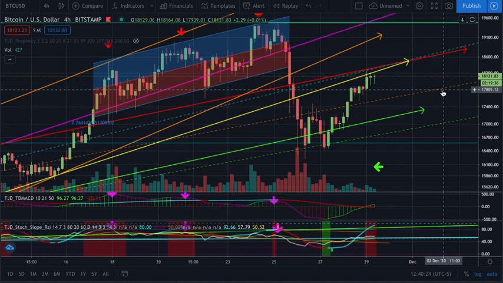So if you start factoring these different things in, your profitability, your risk reward, your likelihood of success, your overall determination of the market, that should give you a bias in one direction or the other. If we're above the 200 moving average, there's a higher likelihood that we're going to stay above the 200 moving average in a trending market, so you should be naturally bullish. So you want to be taking trades to the upside.